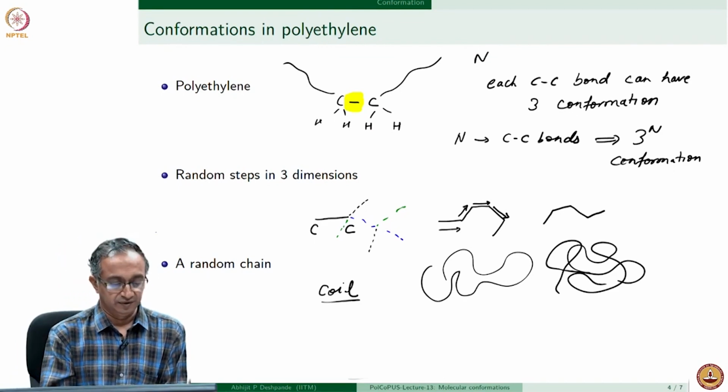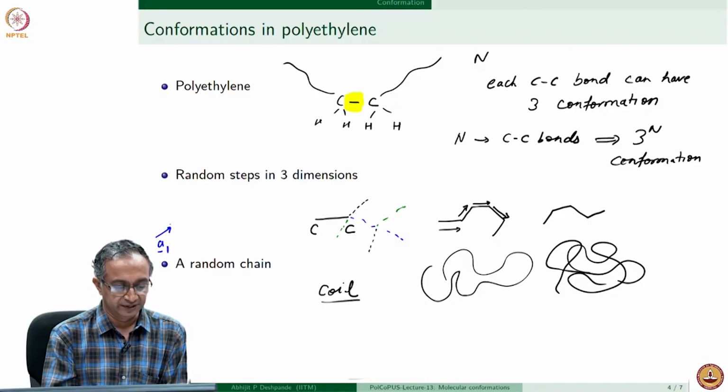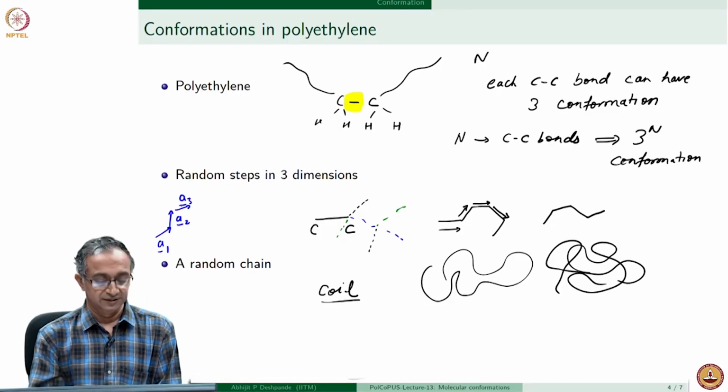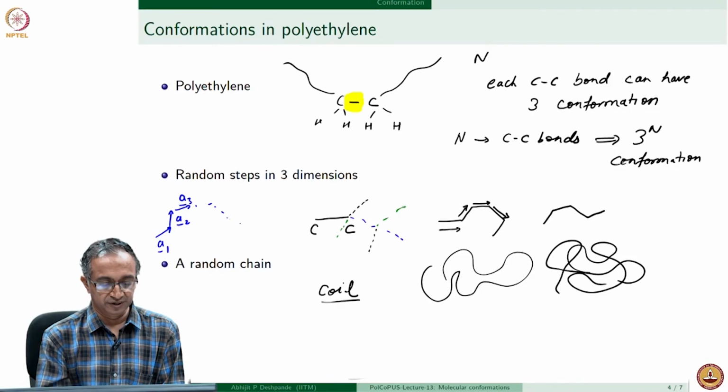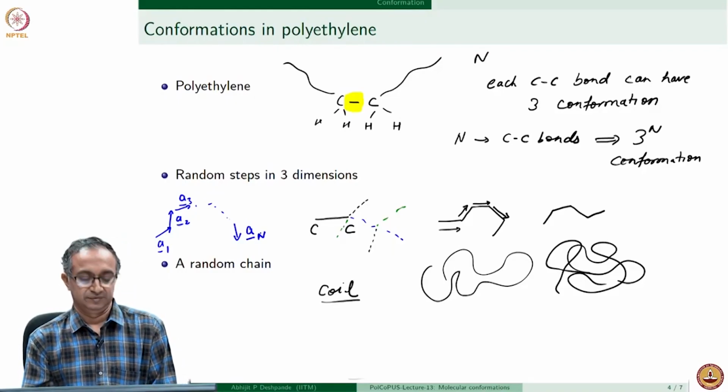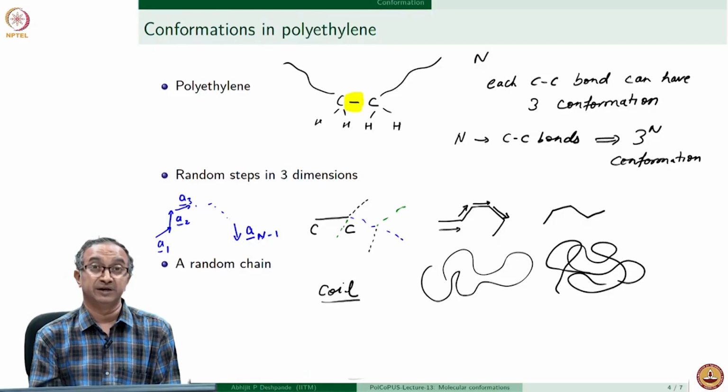So I have one vector which I'll call A1, then another vector which I'll call A2, then another vector A3, and so on, going on and on till A(N-2) and A(N-1).